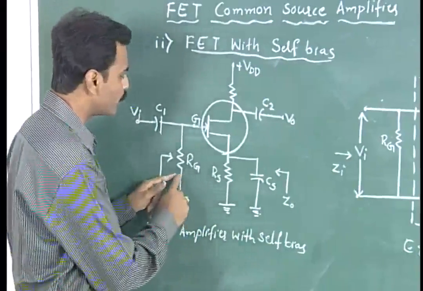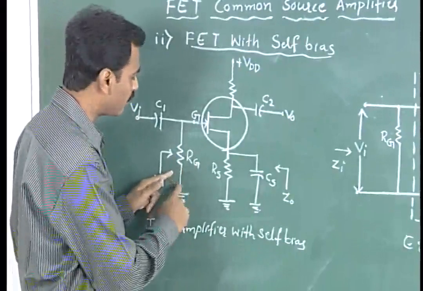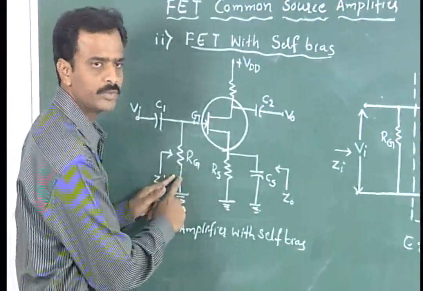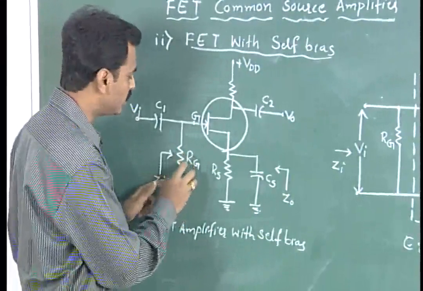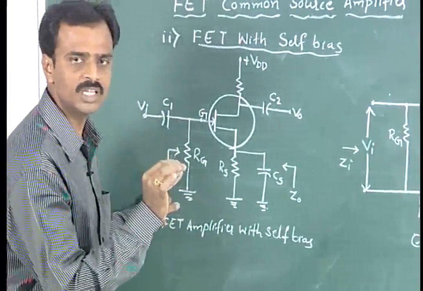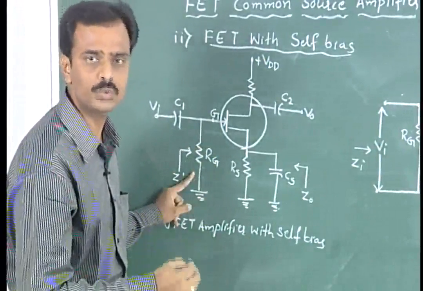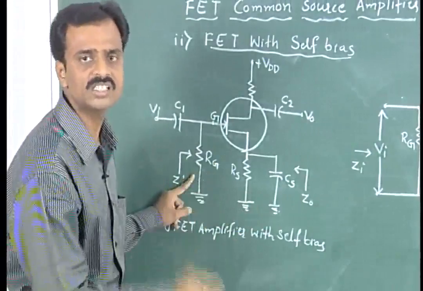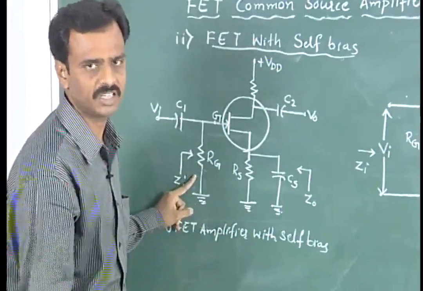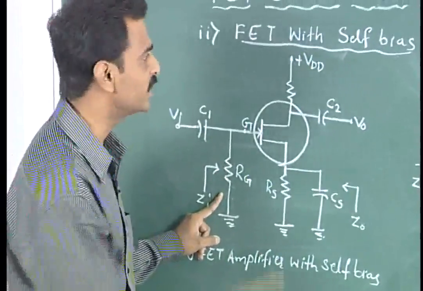For the earlier fixed bias case, a separate voltage VGG was given, but that voltage is not present here. That VGG provides a fixed voltage to the circuit, hence it is named the fixed biasing technique. That is one difference between the fixed bias and the self bias.